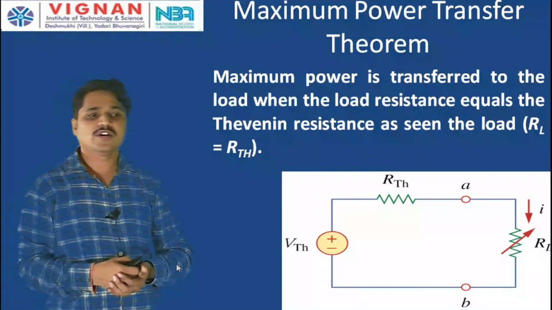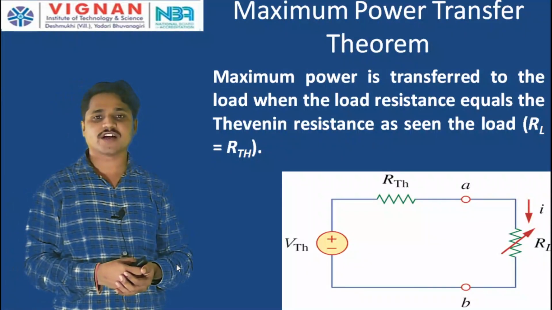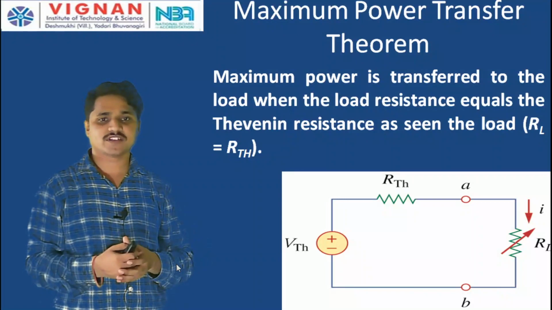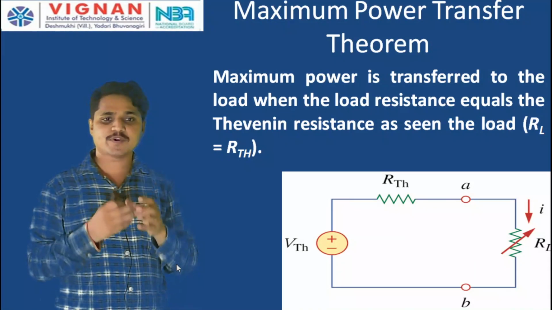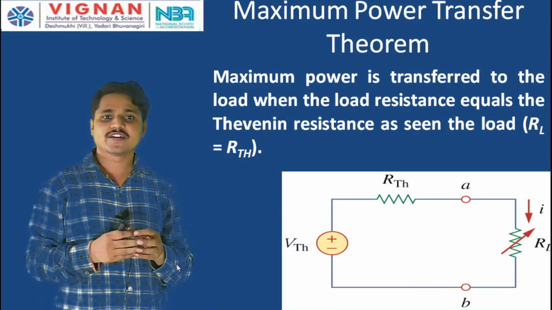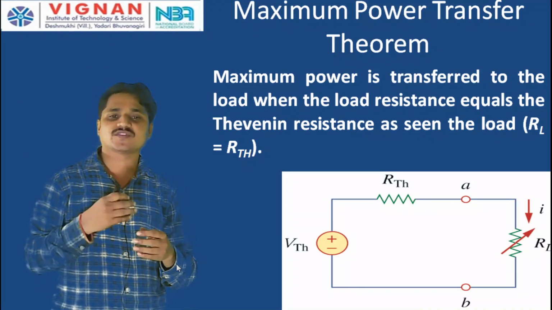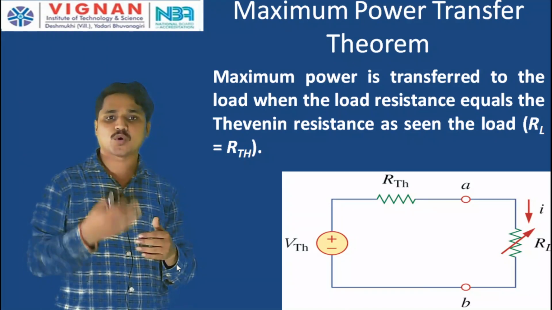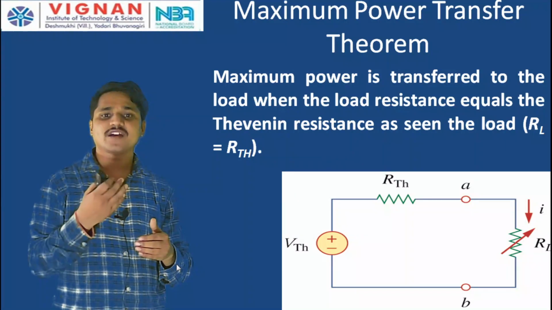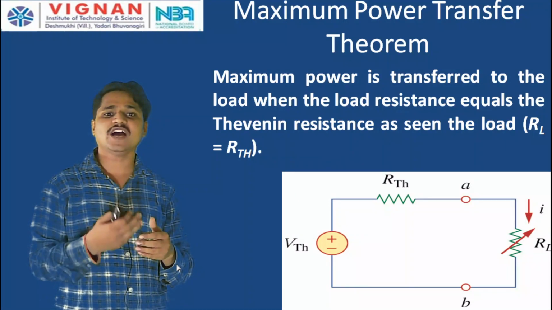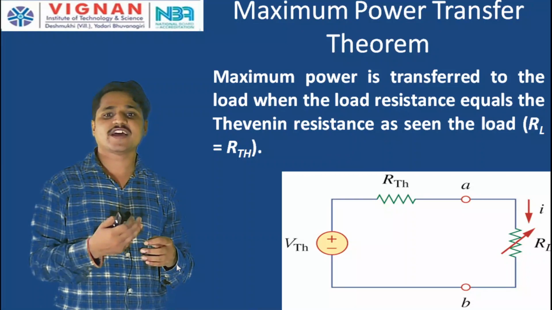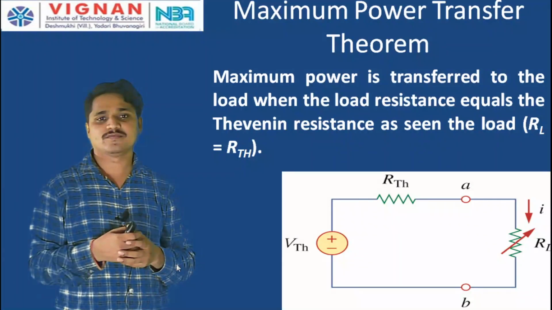What is the statement of the maximum power transfer theorem? The maximum power transfer theorem states that the maximum power is transferred from source to load when the load resistance is equal to the Thevenin's resistance as seen by the load.